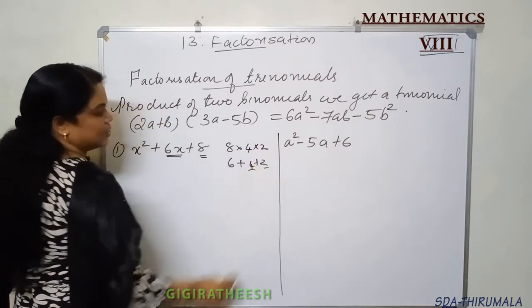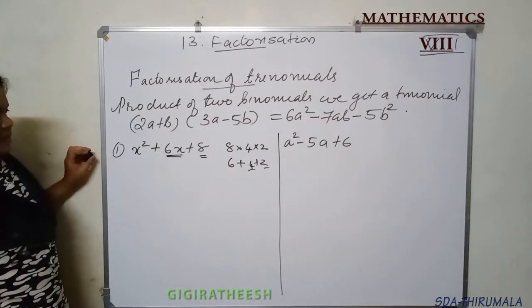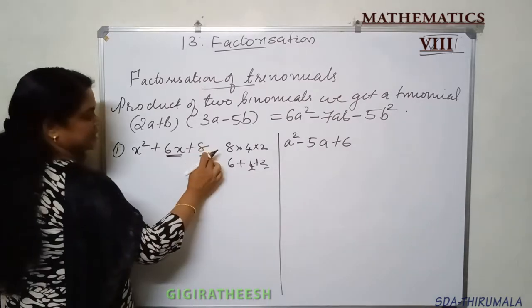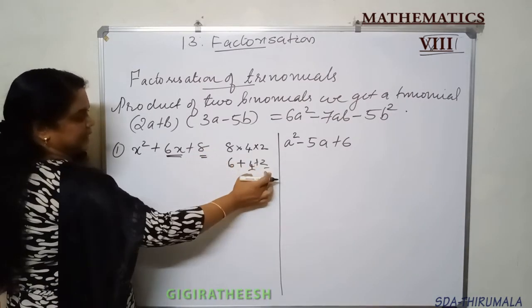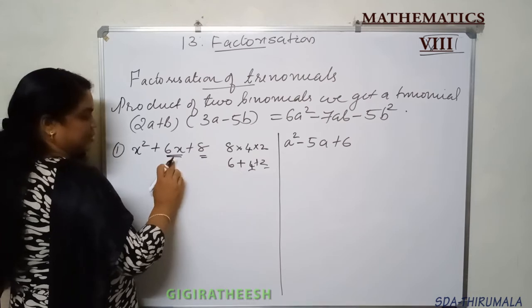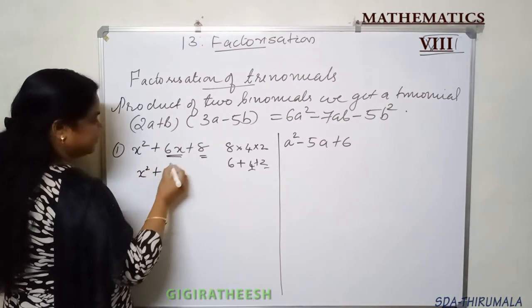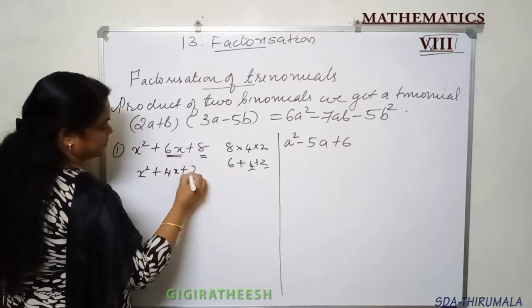These are the two numbers. Then split it as x square plus 4x plus 2x.